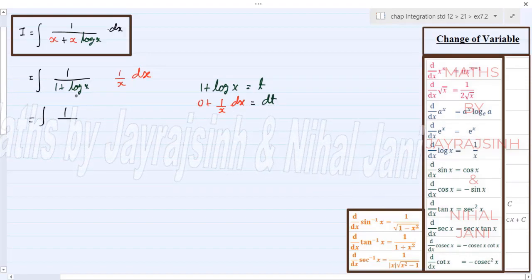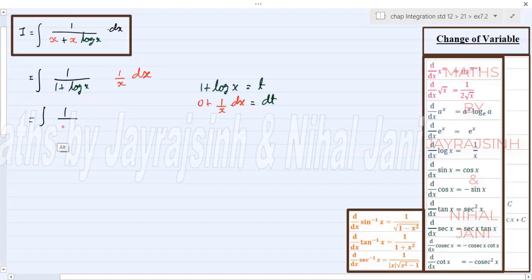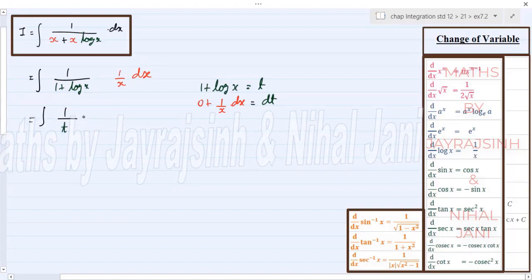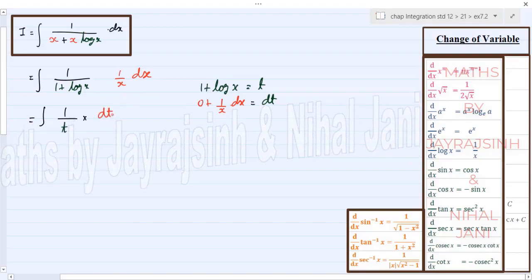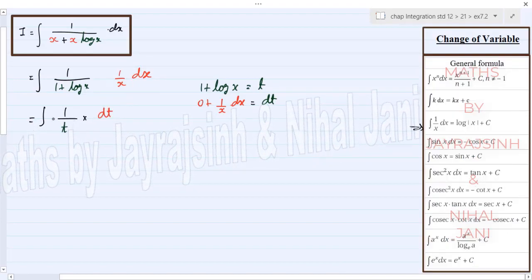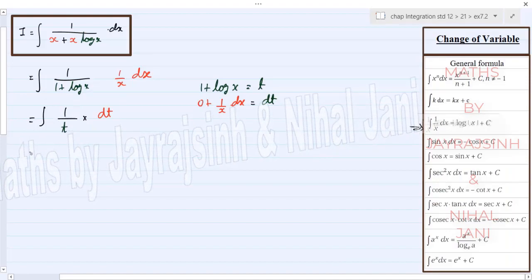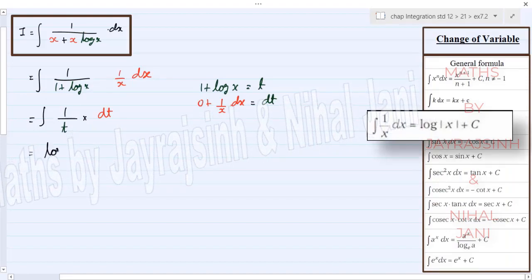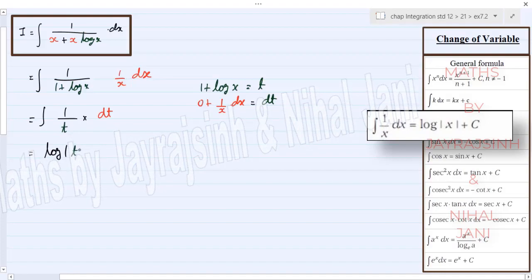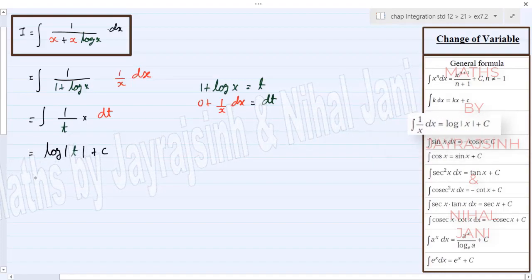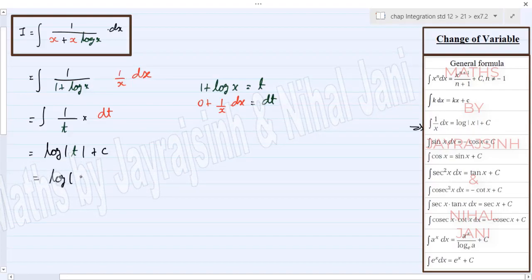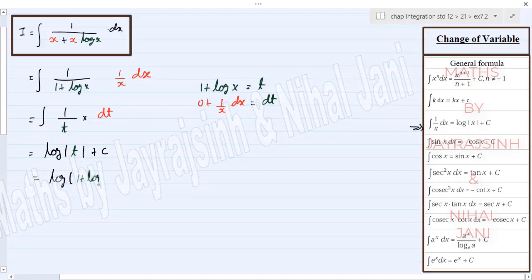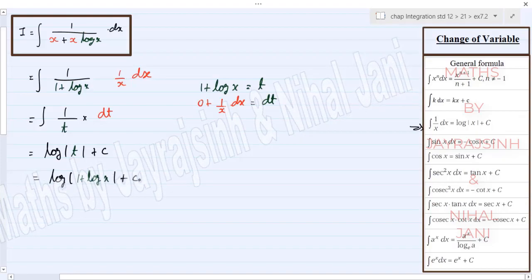The integration of 1 upon 1 plus log x will become 1 upon t, and 1 upon x dx will be dt. So we are ready to integrate 1 upon t. The integration of 1 upon t is simply log mod t plus c. To get the final answer, you just have to substitute the value of t, which is 1 plus log x, plus c.